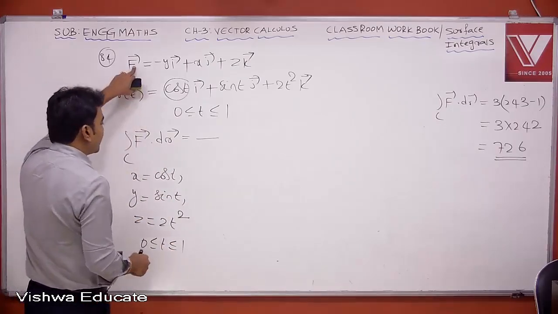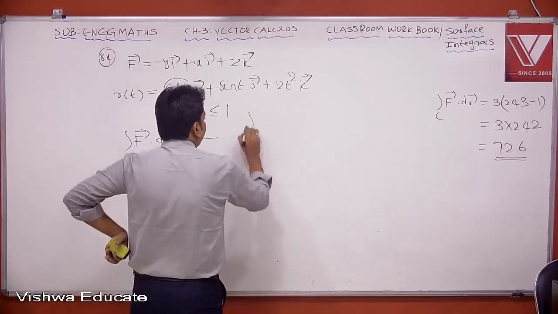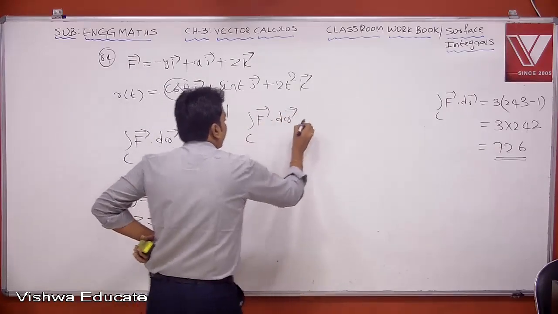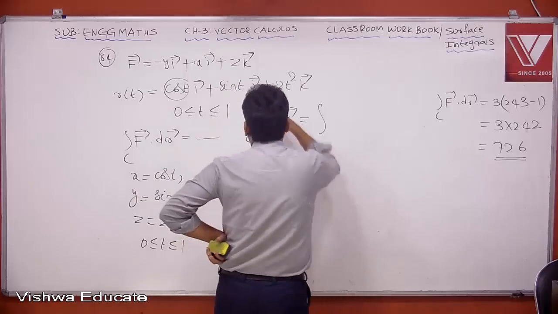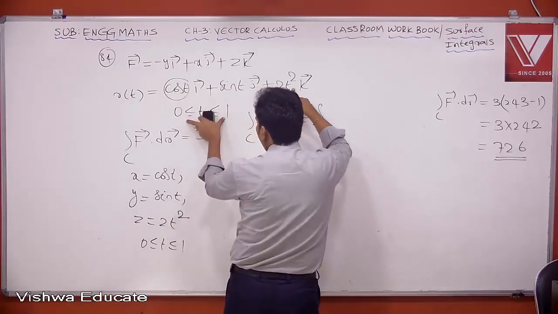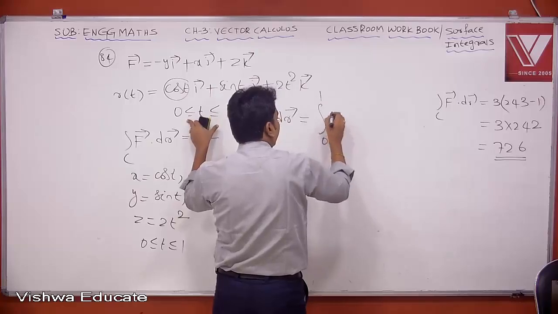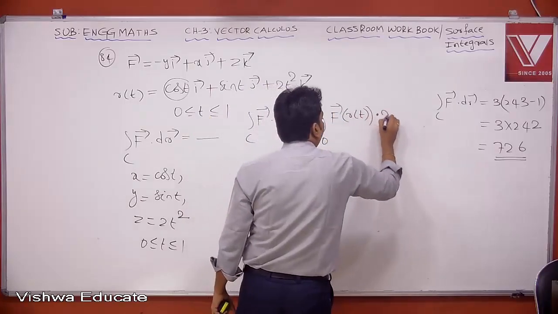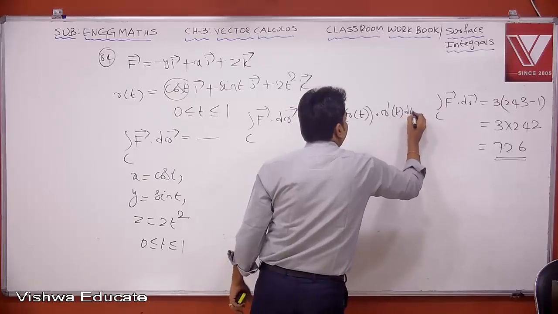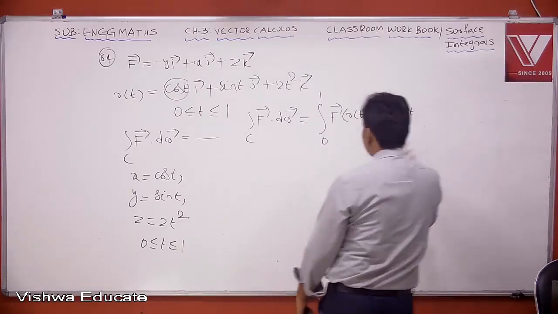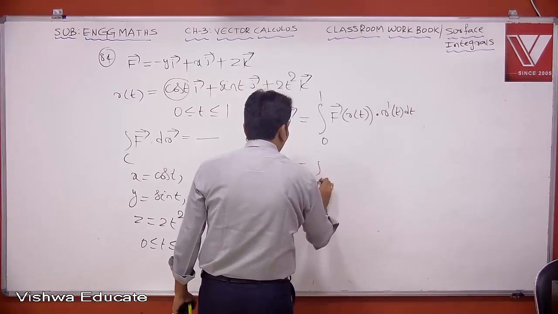Therefore, in this case, the line integral of F dot dr over C becomes an integral where all variables are converted in terms of a single variable t, with limits 0 to 1. So this becomes the integral from 0 to 1 of F(r(t)) dot r'(t) dt.